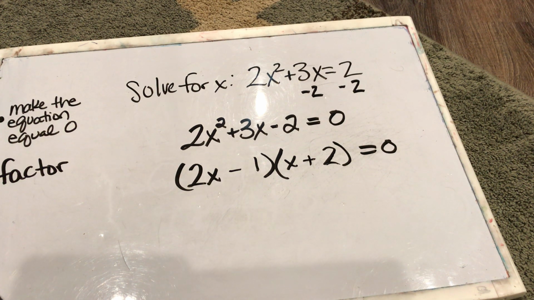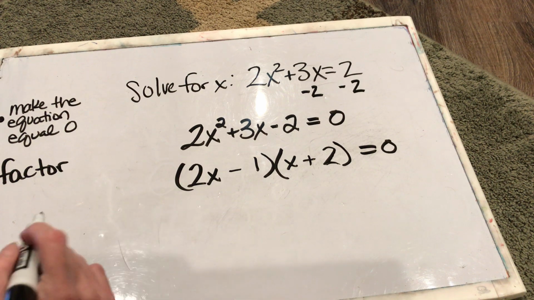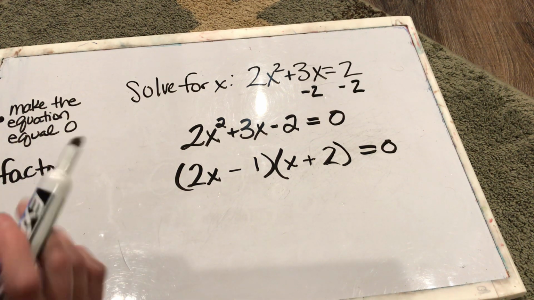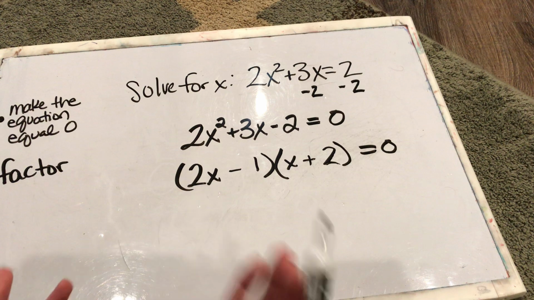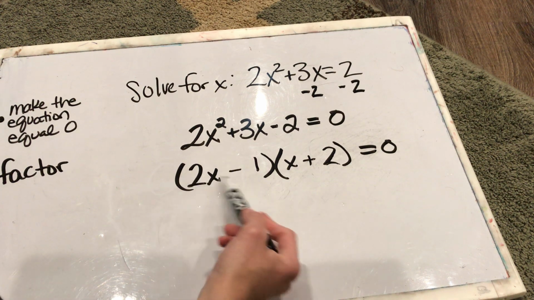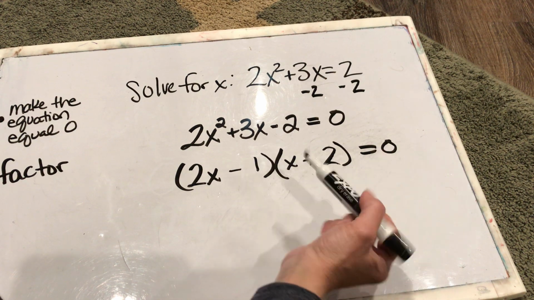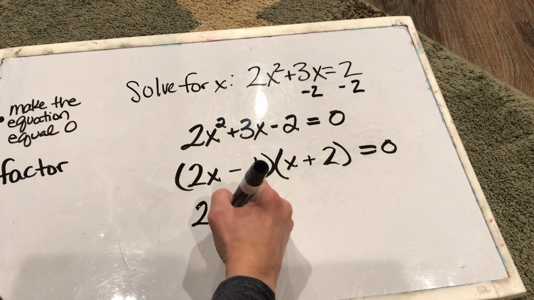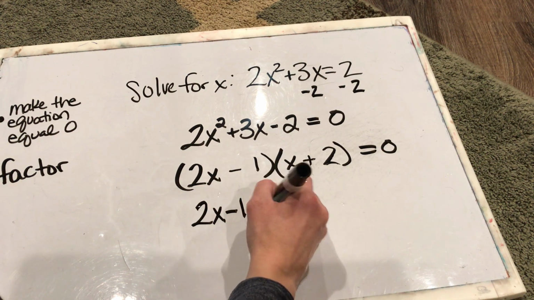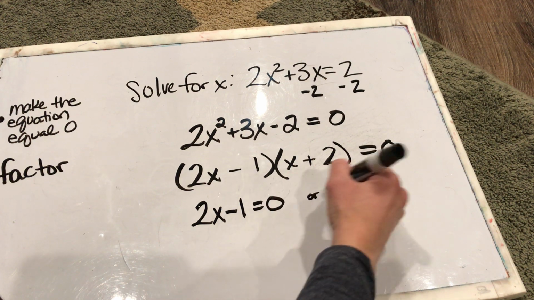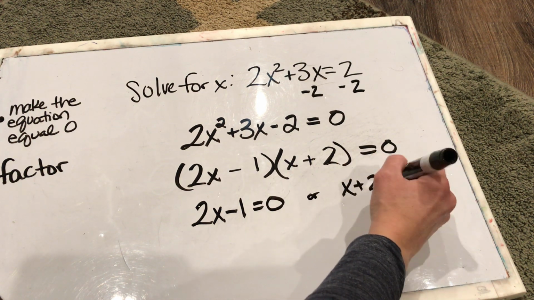And now what do we do? Well, go back to our either W equals 0 or Y equals 0, or they both equal 0. This is a factor, and this is a factor. One of these factors has to equal 0, or both of them could. So I'm going to say 2x minus 1 equals 0, or x plus 2 equals 0.